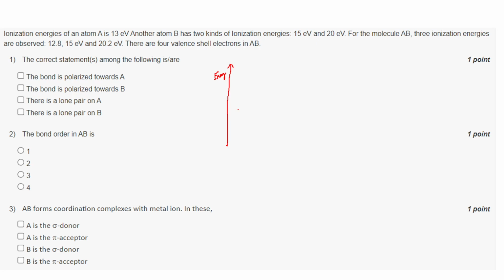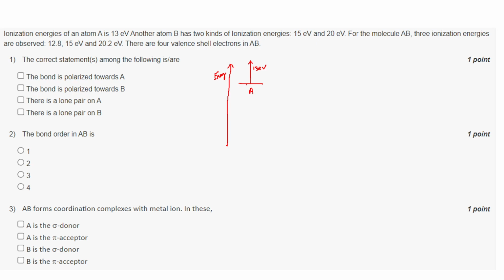We have two kinds of atoms. One is A, whose ionization energy is given here, that is 13 electron volt. And for B, there are two ionization energies.